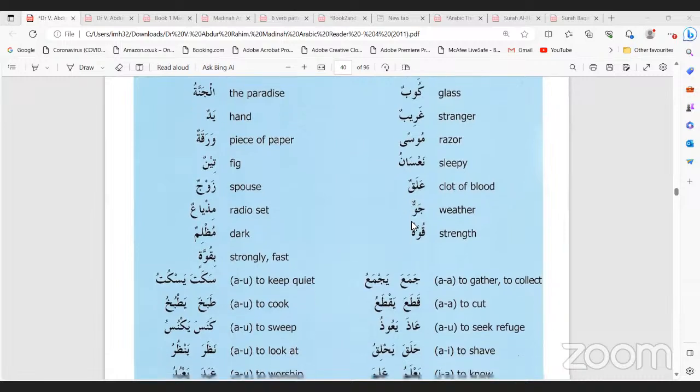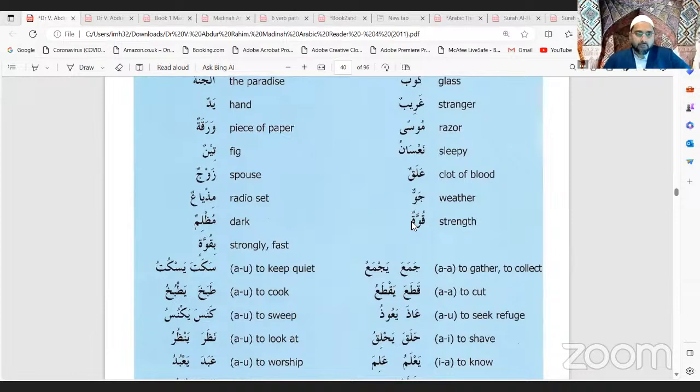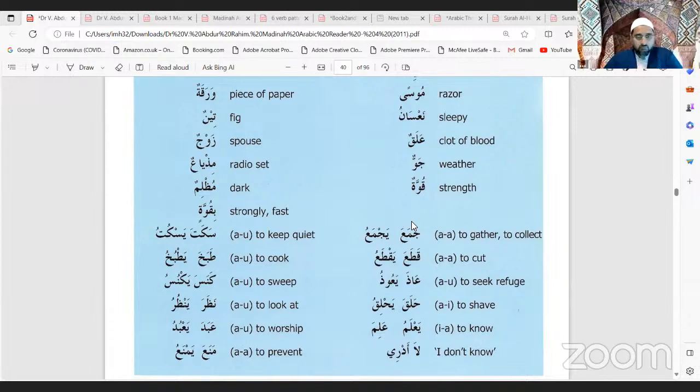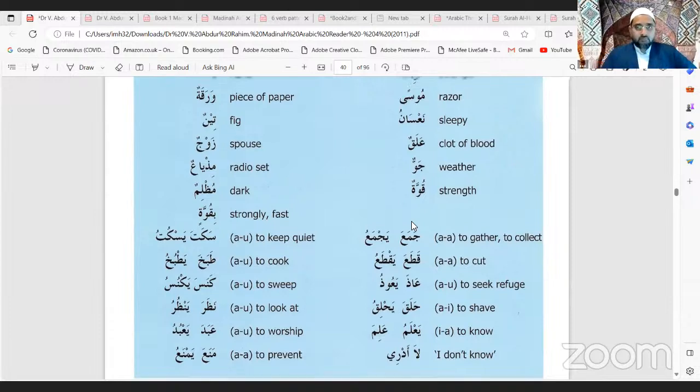Tabakha yatbukhu, to cook. Kanasa yaknusu, to sweep. Nadara yanduru, to look at. Abada ya'budu, to worship. Mana'a yamna'u, to prevent.